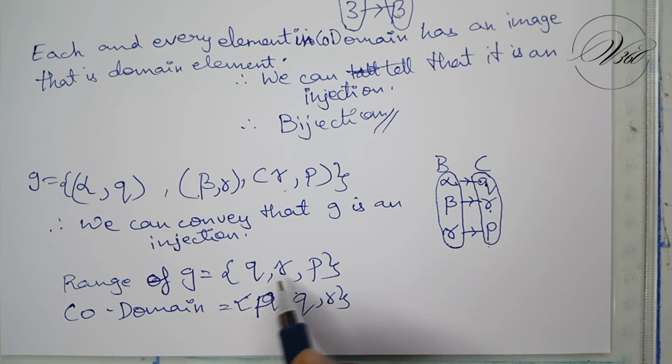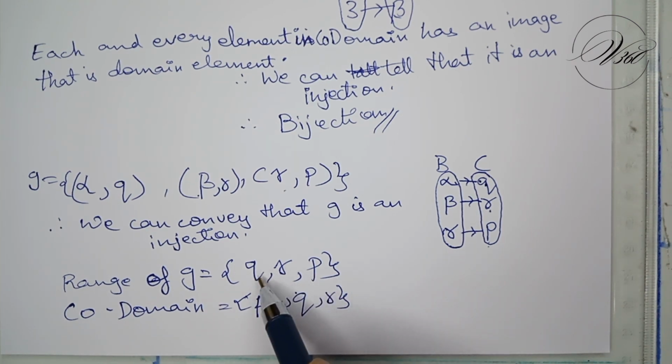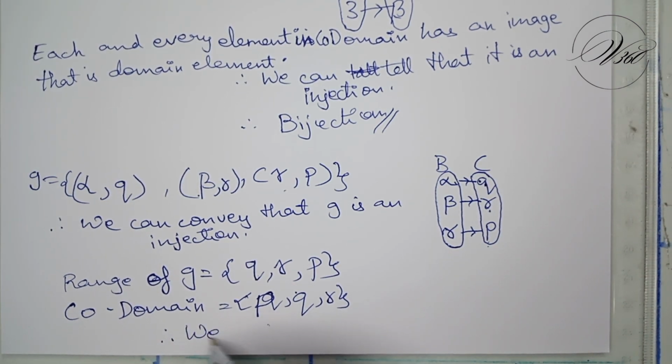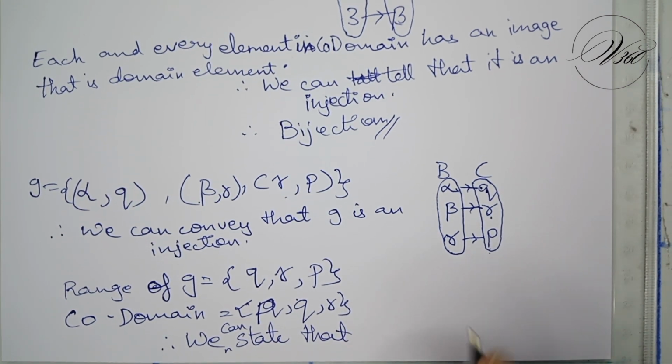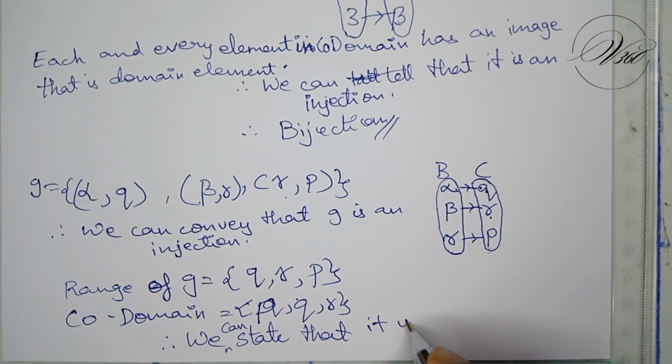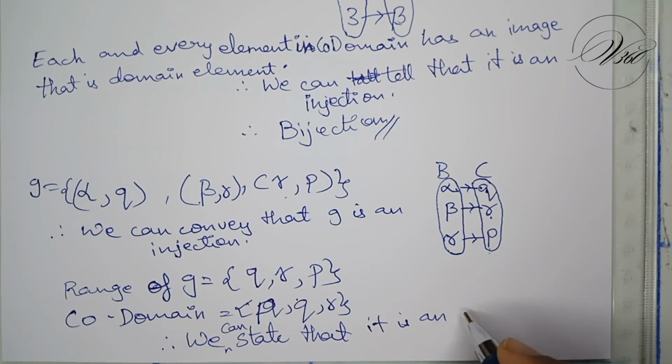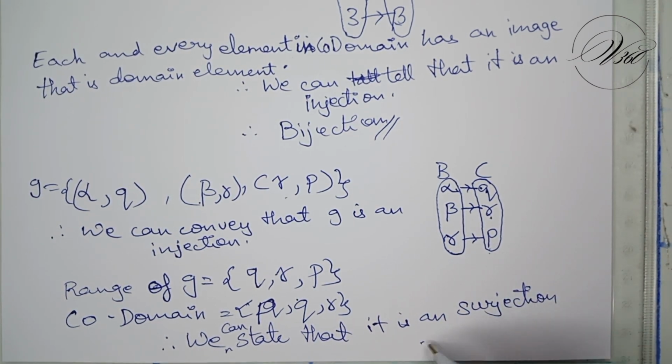Now every element in the range is present in the codomain also. So therefore we can state that it is a surjection. So therefore it is a bijection.